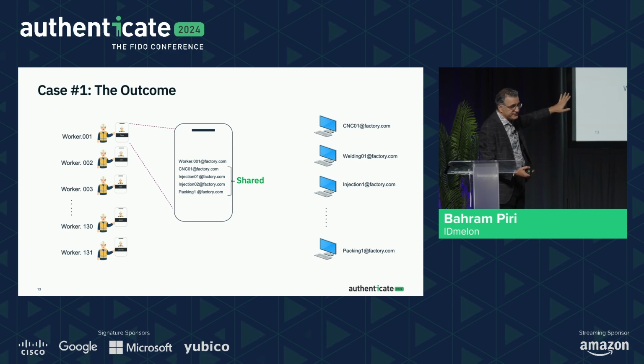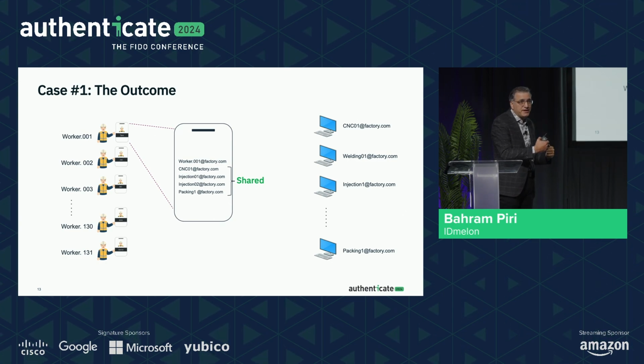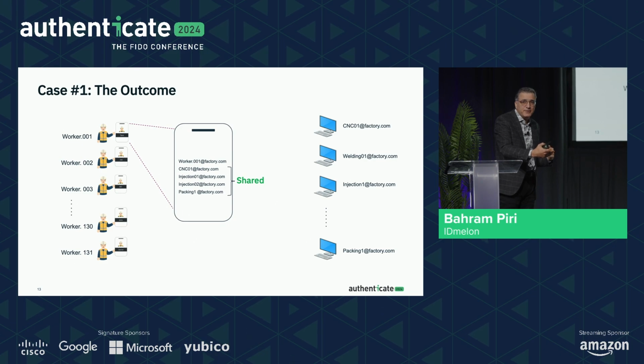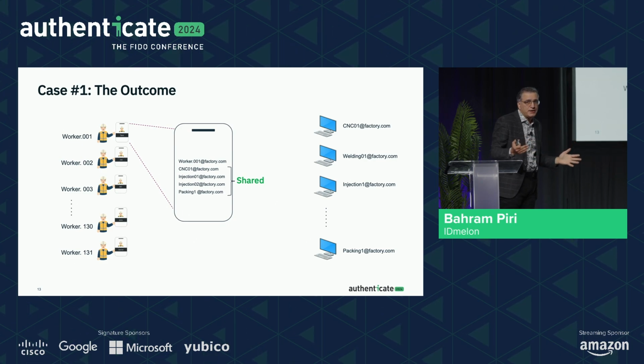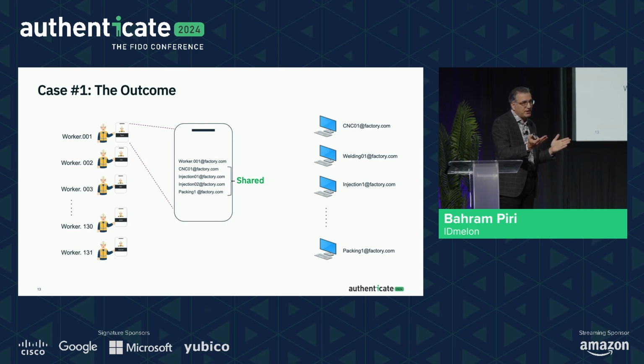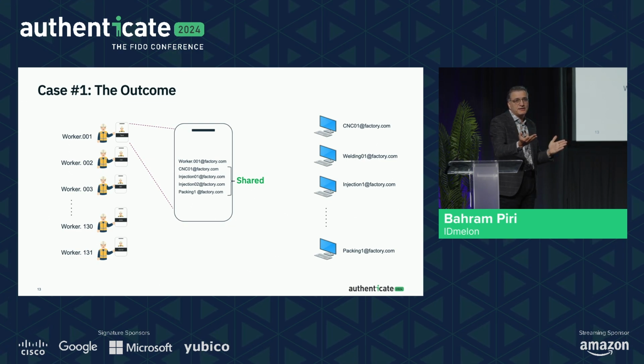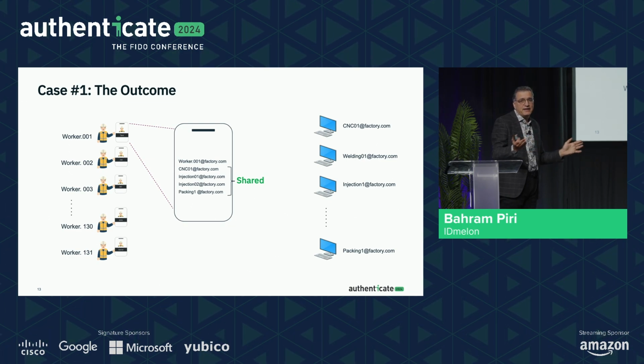Also in the dashboard, because we know the device ID, if they want to know who logged in on this shared account at 9 a.m., they can find out which device ID unlocked this credential.